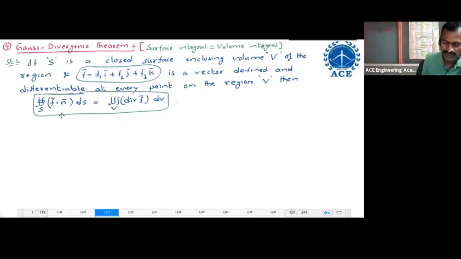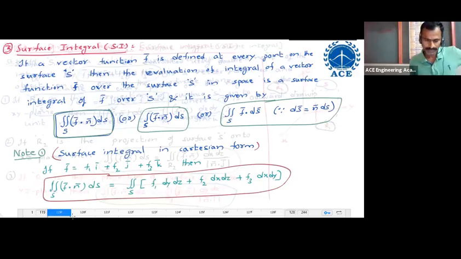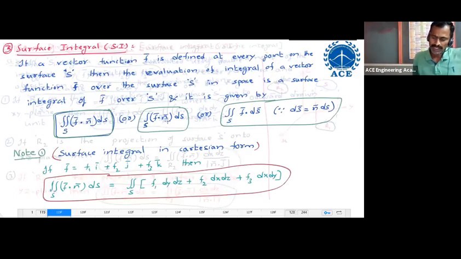It is a transformation from surface integral to volume integral, according to this theorem, where N bar is the outward drawn unit normal vector to the surface S. For this surface integral also, N bar is the unit normal vector to the surface in the outward direction only.